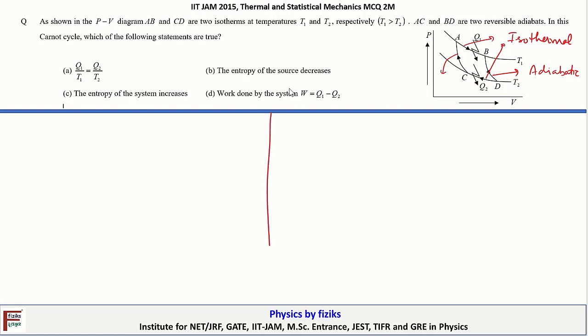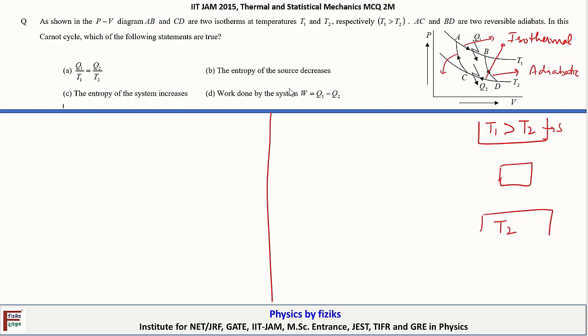Let's quickly revise the important results that we learned during the course in thermodynamics. Let me first draw the schematic representation of the Carnot cycle. Here we have 2 reservoirs, one at temperature T1 and another at temperature T2, such that T1 is larger than T2.